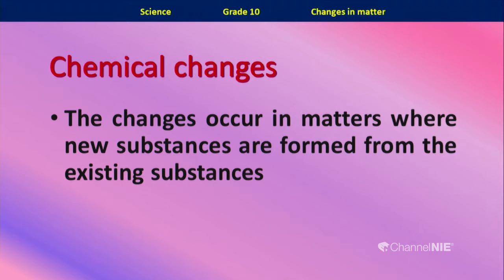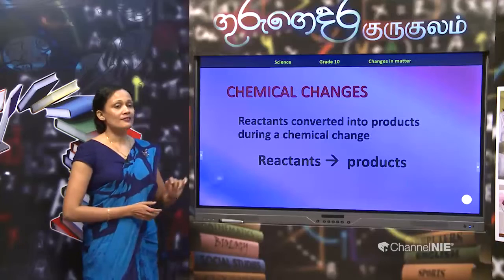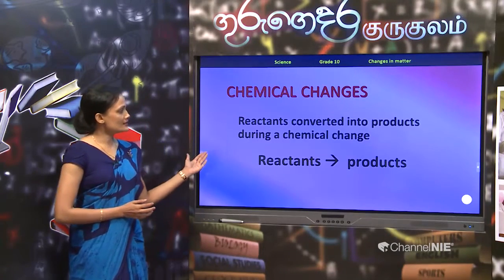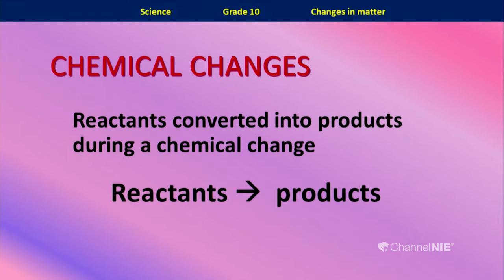Chemical changes. What do chemical changes mean? They are the changes that occur in matter where new substances are formed from the existing substances. We know that during a chemical change, the reactants are converted into products. So we can represent it like this: reactants converted into products.